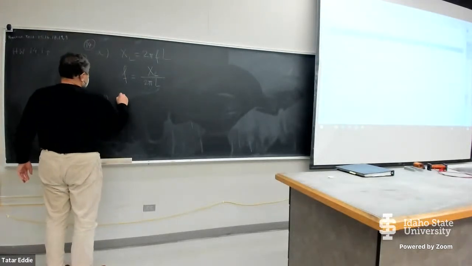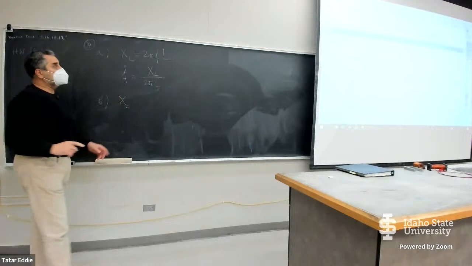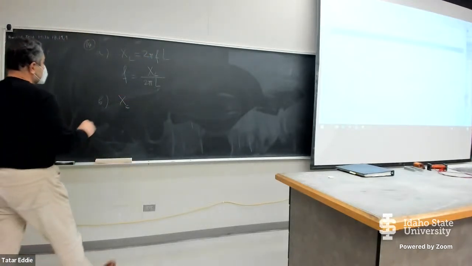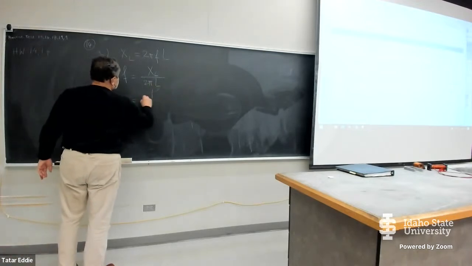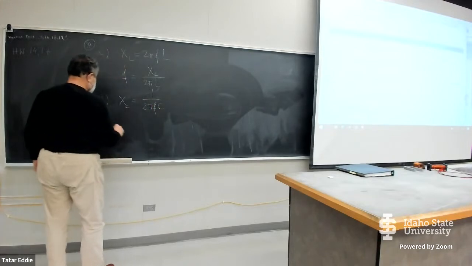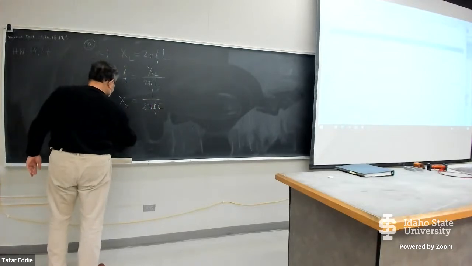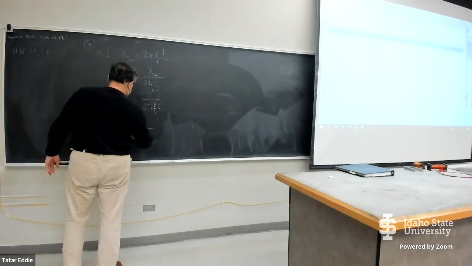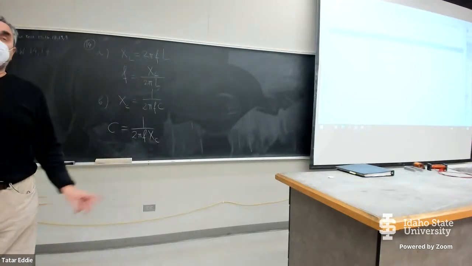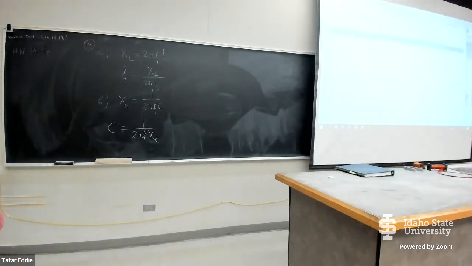Well, if XC is exactly the same, 2.1 kilo ohms, you know that XC is equal to 1 divided by 2 pi frequency times capacitance. And therefore, the capacitance is going to be 1 divided by 2 pi frequency times the capacitive reactance. So this gives you part B.